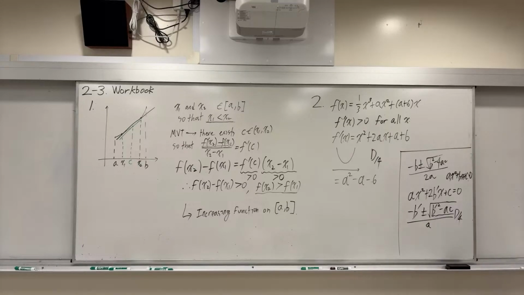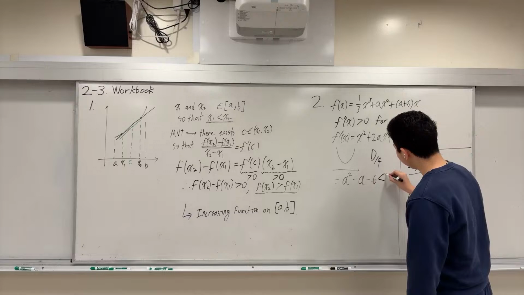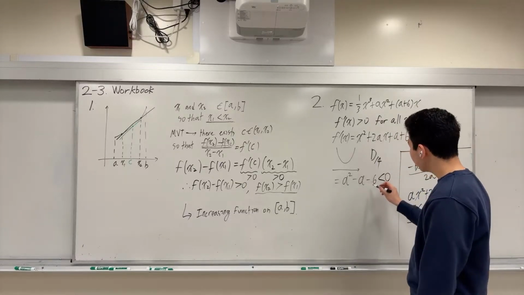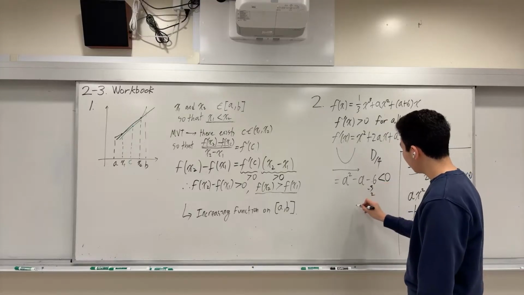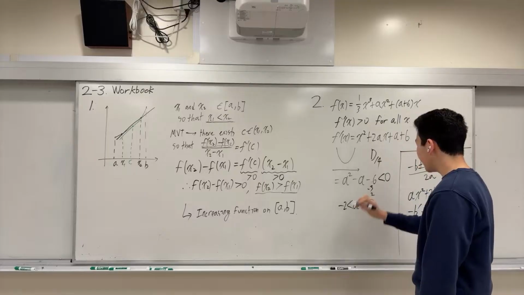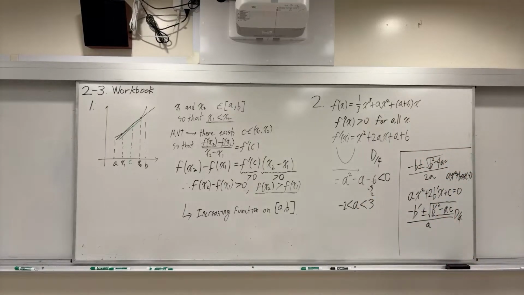Now, this has to be less than 0. So now we can solve this quadratic inequality. This factors as (a minus 3)(a plus 2), so a is going to be greater than negative 2 and less than 3. I hope we all remember how to solve quadratic inequalities.